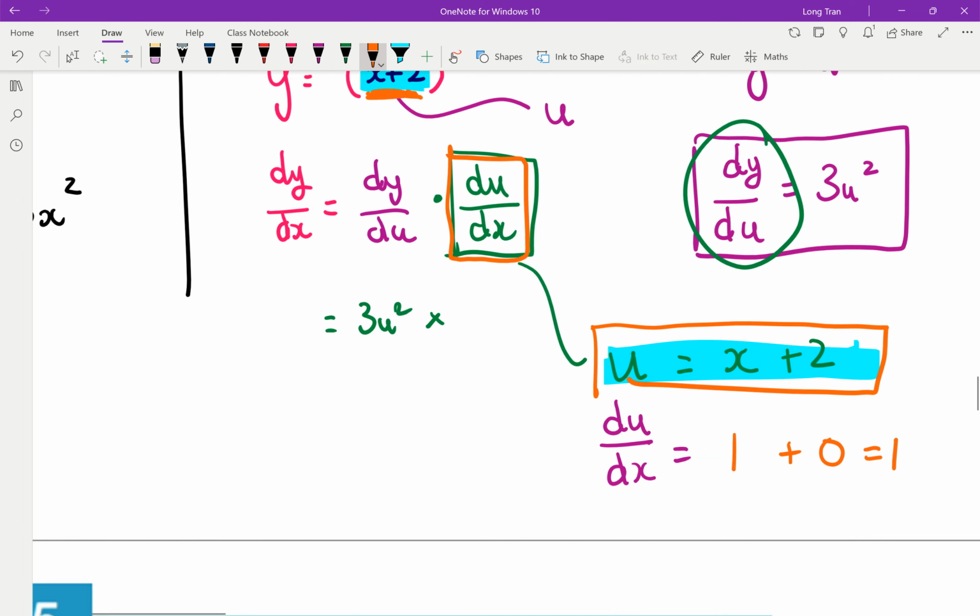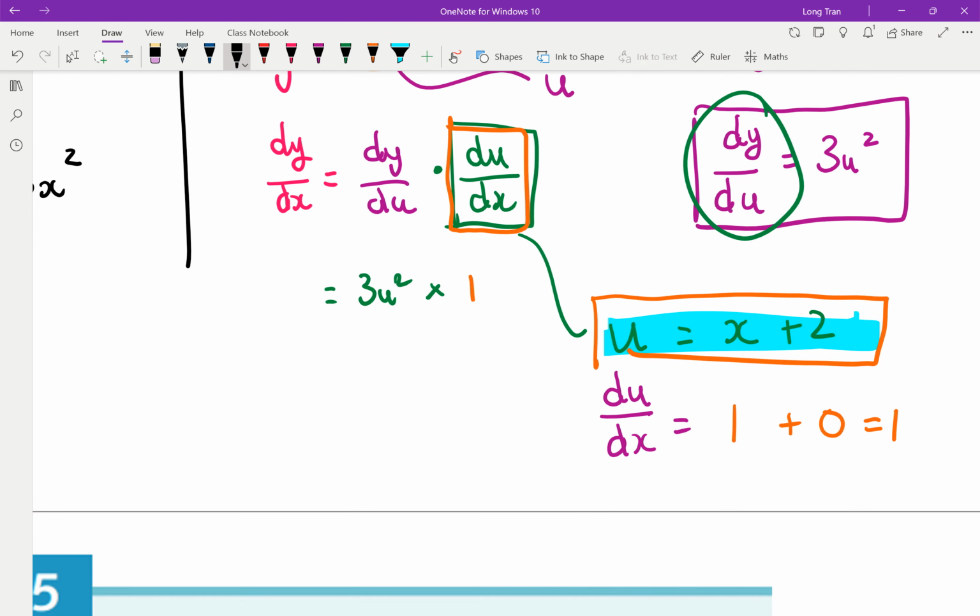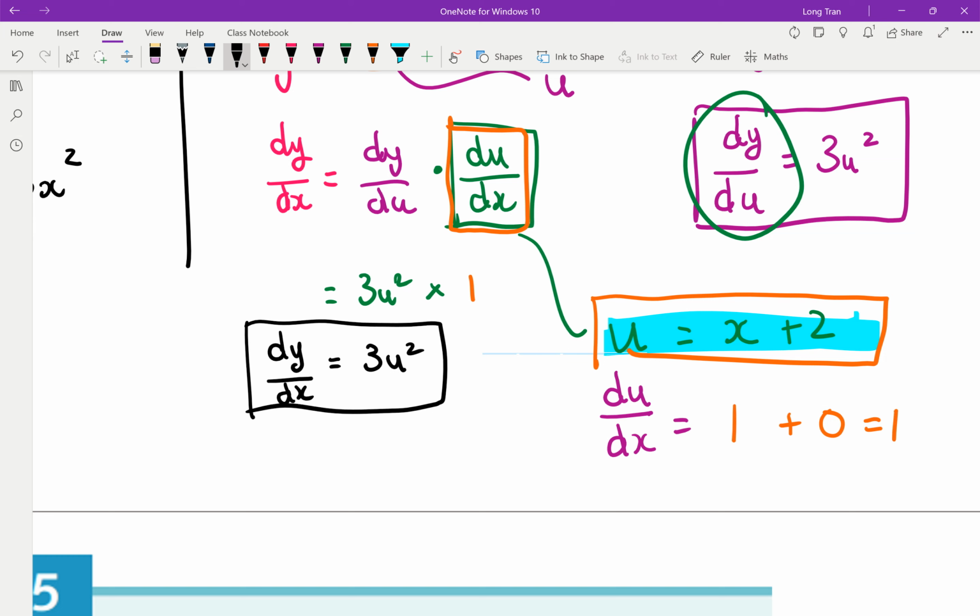So you put it together. This now gives you 3u squared times 1. Oh, sorry, which is just 3u squared. But you're not done yet. Why is this wrong? Very good. This was saying change in y, change in x. Where's my x? They don't exist. So how do I get my x back?